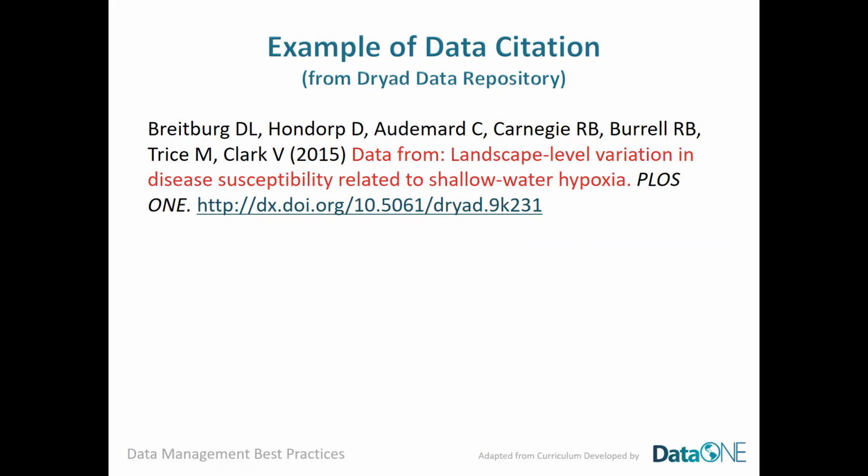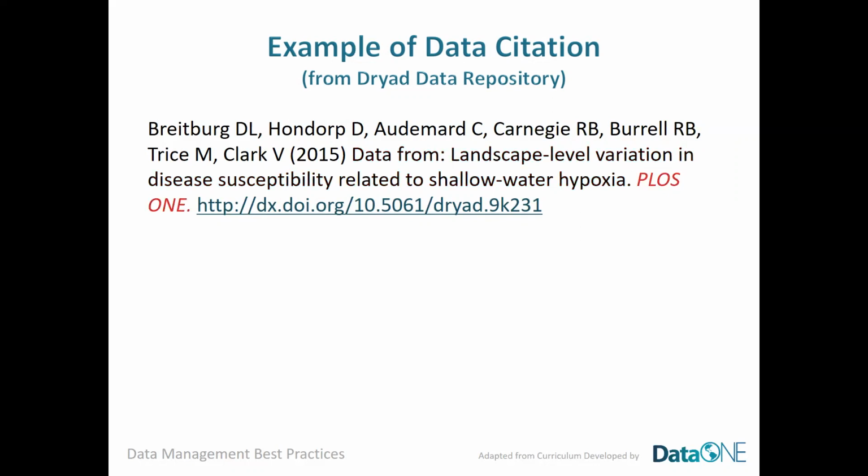Sometimes if you reuse a data set from another researcher, they may give you the name of a data set. It may be a data set that accompanies a journal publication that you've located. And so in that case, you would name the data set data from, and then the name of the article from which that data were collected.